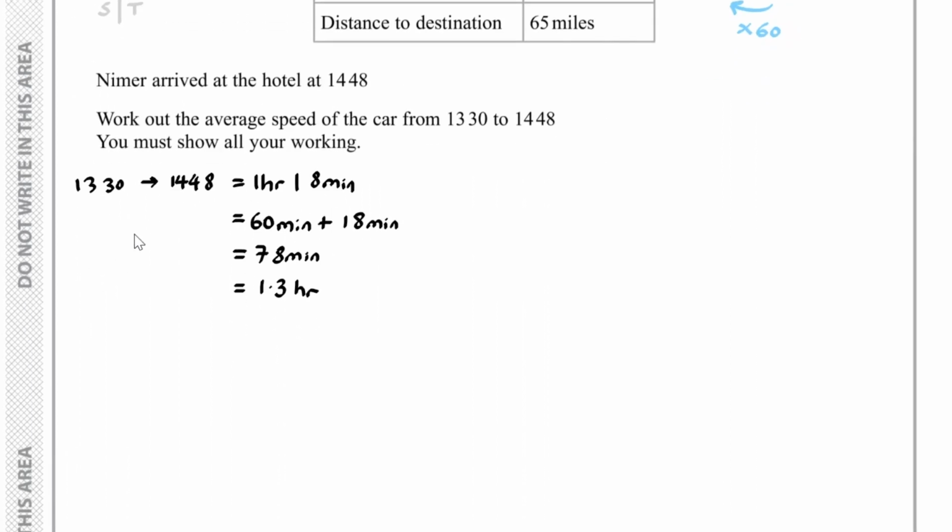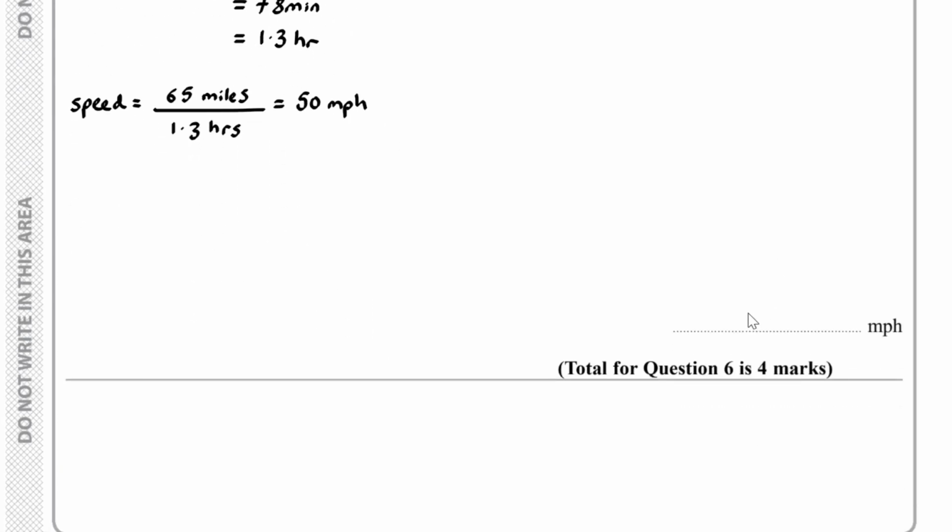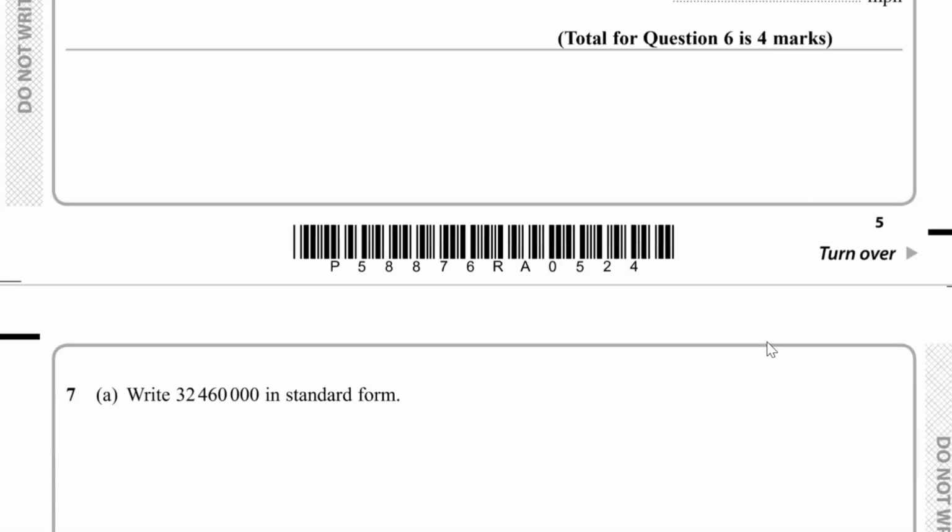So the average speed is equal to the distance. The distance over here is 65 miles, divided by the time, 1.3 hours. It turns out here we get 50 miles per hour. So we have 50 miles per hour.